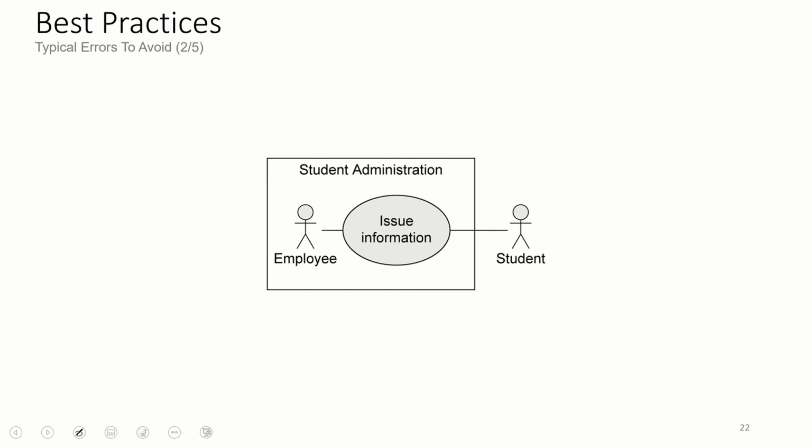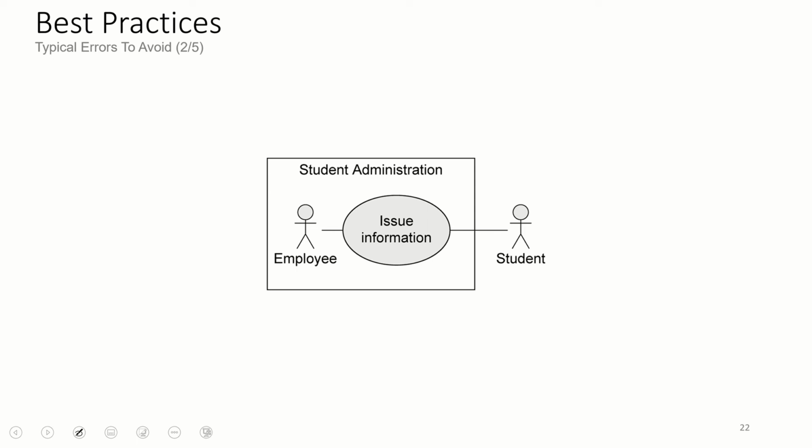Let's see another example. What's the problem with this example? You can pause for 30 seconds and think about what's the problem with this diagram. So it's a simple problem.